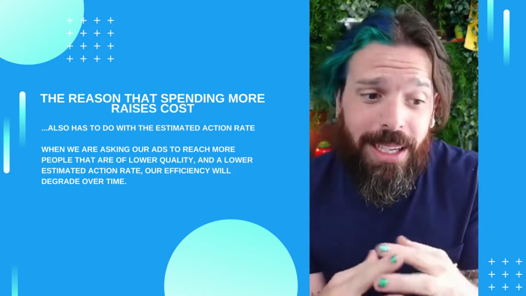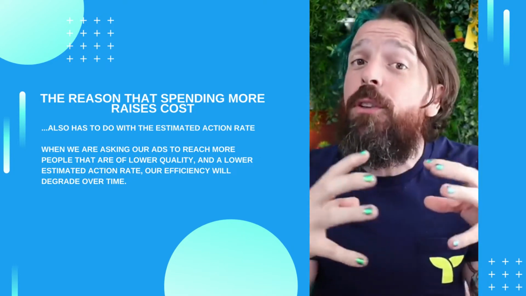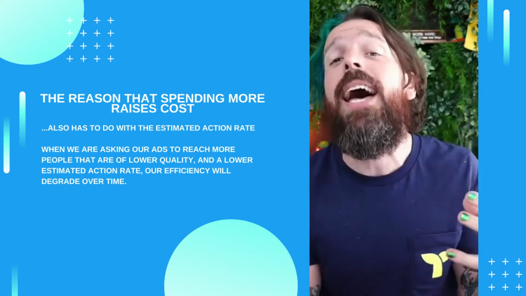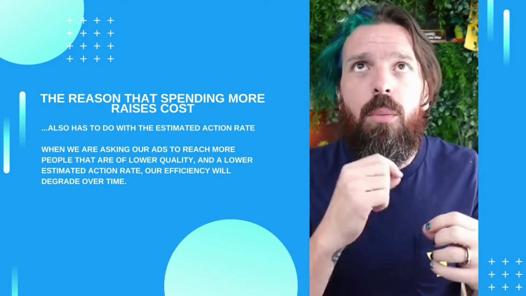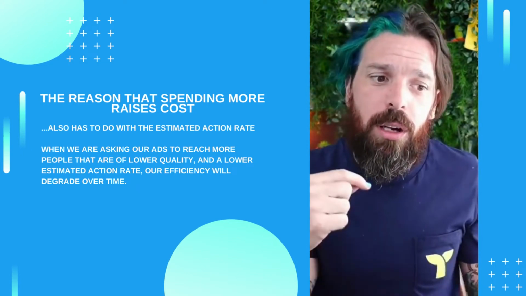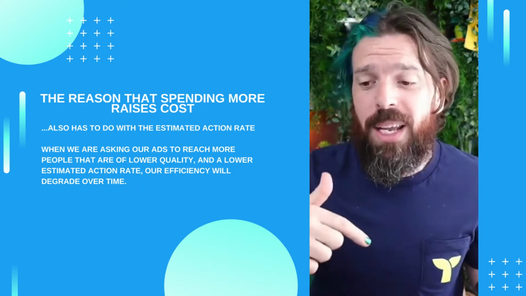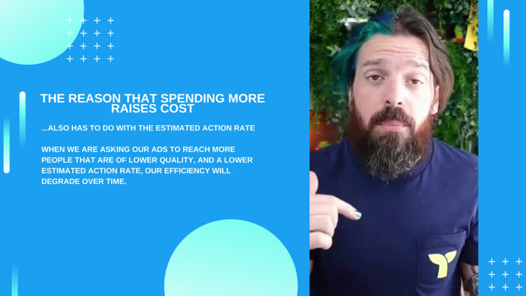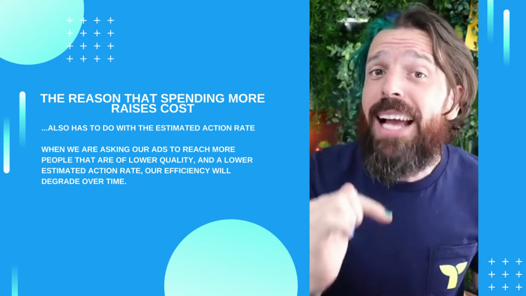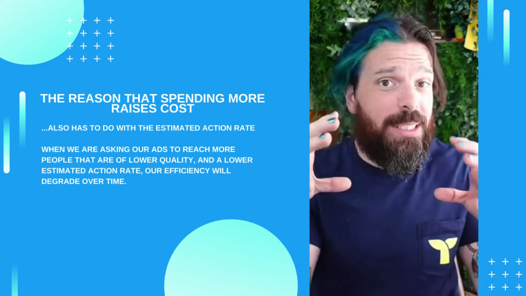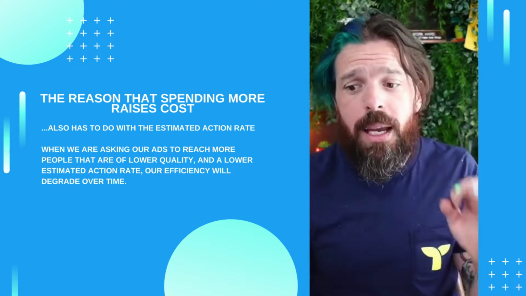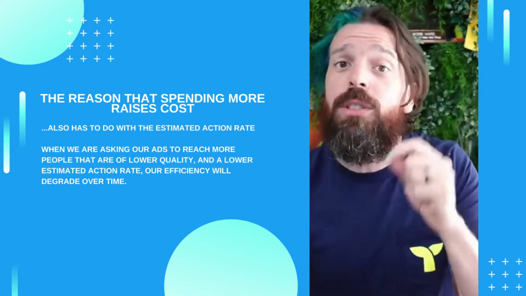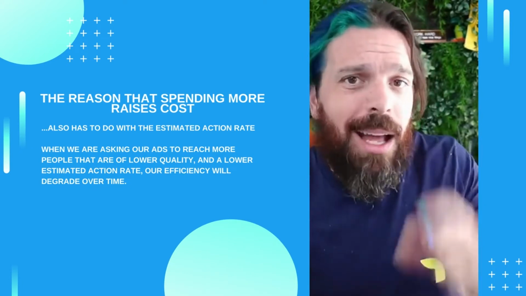Every ad makes its own lookalike audience, and the more you spend, the further away from the middle of that you get. So the more money you want to spend, you're going to reach a larger volume of people that have a lower quality because of their lower estimated action rate, because they're further away from the center of that ad's own lookalike audience. And because of that, our efficiency will degrade over time, but it's not permanent.